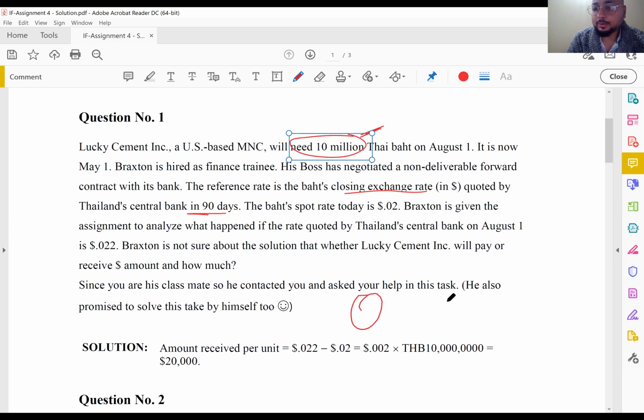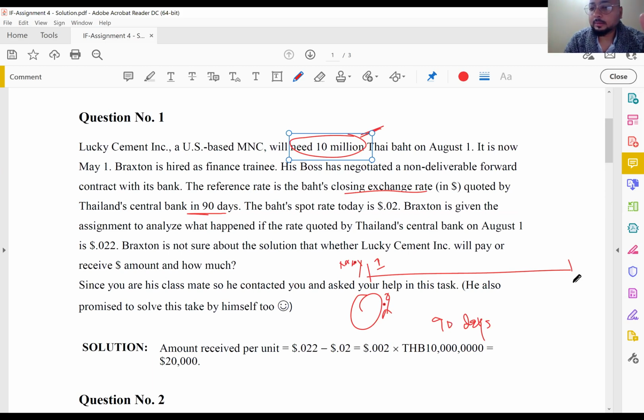So how are you going to make a timeline? Whenever you use these kinds of derivative questions, make a timeline, because that is going to help you a lot. So this is May 1st. You are right now here, and this is a total of 90 days.